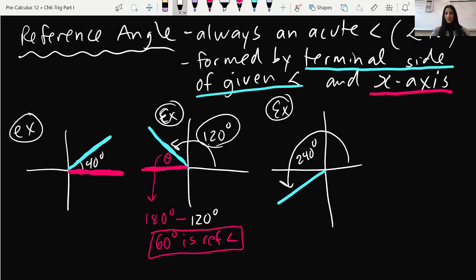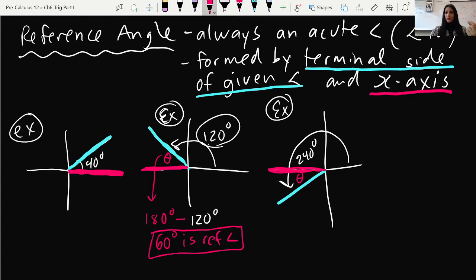This is not an acute angle, so I need to do my work to figure out what the reference angle would be. I look for the closest x-axis, which happens to be the negative side of it, and I'm looking for the angle that's formed from the closest x-axis down to my terminal arm. So I want to know how much that is. This time I'm going to use my math skills in a reversed order.